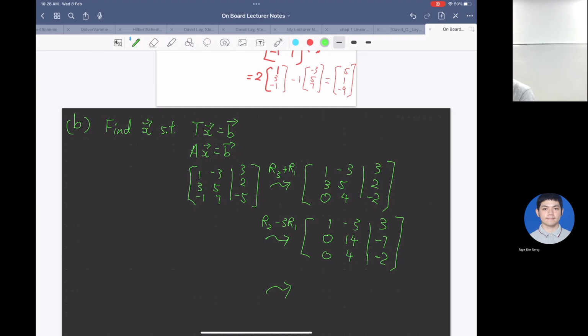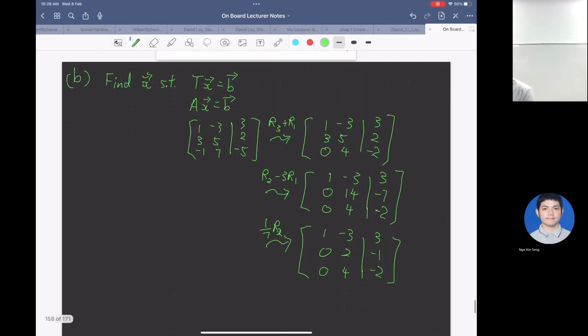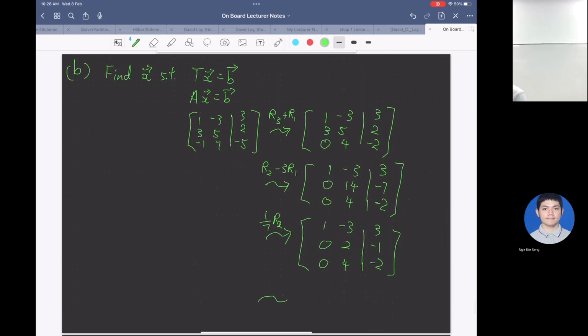Which one is better? Maybe I scale the second one. So let's scale row 2. So I get 2 and minus 1. Wow, now it's clearer. What do I mean by clearer? You can take row 3 minus 2 row 2.